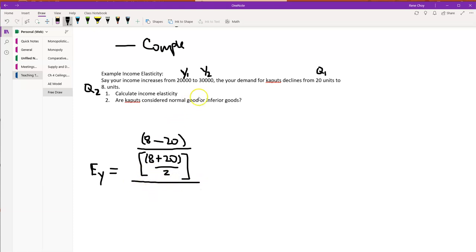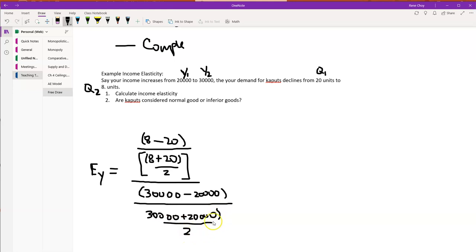Then I'm going to do my change in income, so that's 30,000 minus 20,000, and then divide that by my average income, so 30,000 plus 20,000 divided by 2. All right, again, don't rush to the brackets, do it nice and slow.